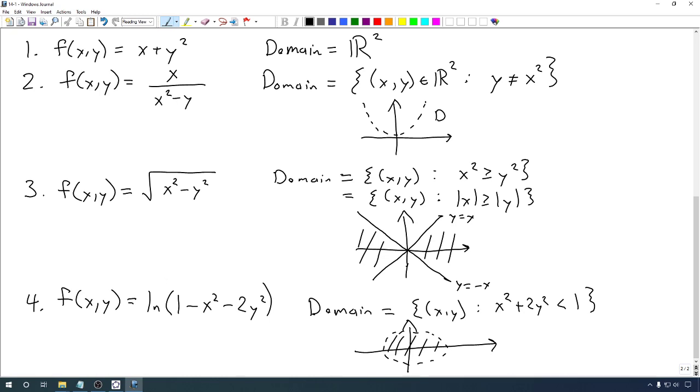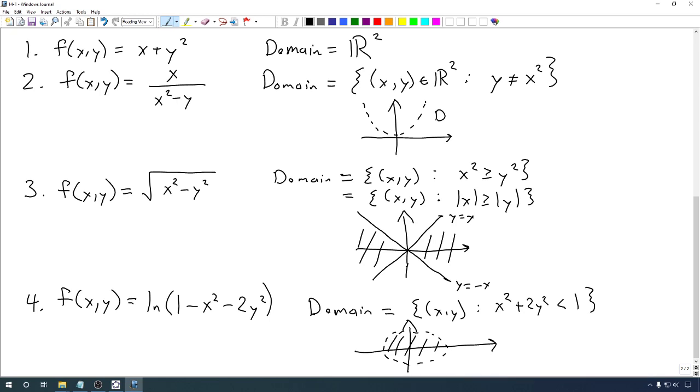Now let's think about how we might graph a function of two variables. In fact, let's see how we could graph each of these 4 functions and figure out exactly what they look like, rather than just seeing what region of the plane works for their domain. Let's figure out what they actually mean.